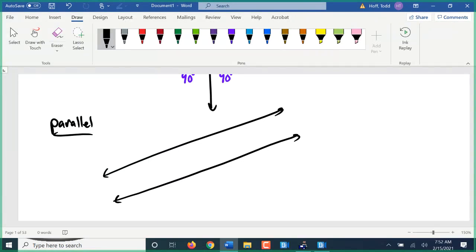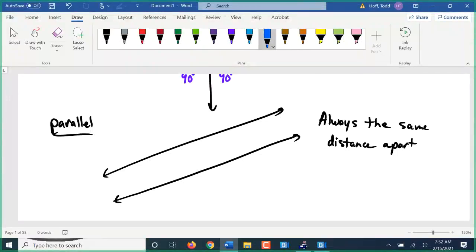No. So the definition of parallel is always the same distance apart. Technical jargon is everywhere equidistant, which means no matter where you measure the distance apart, they are the same distance.